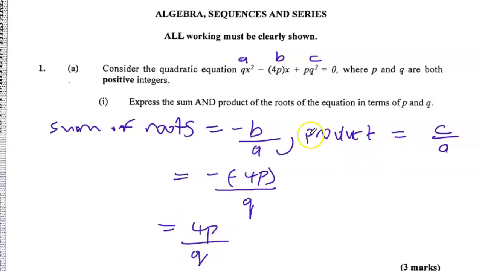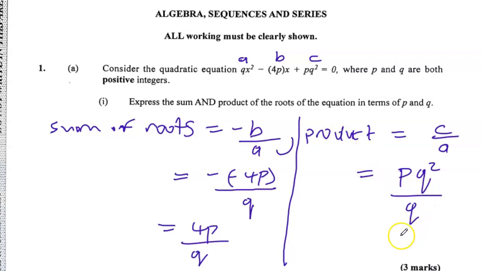And now the product of the roots, let me just separate it. The product of the roots, c over a, that's a constant, and the constant here is pq squared, over a, which is q, and of course pq squared divided by q, that's just pq.